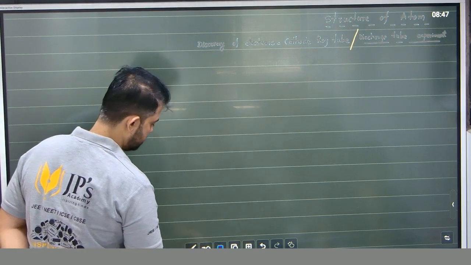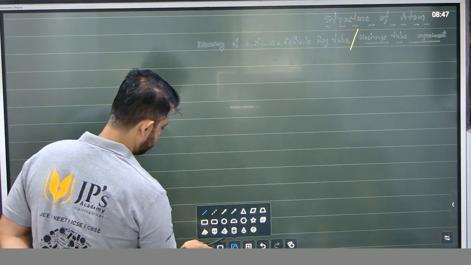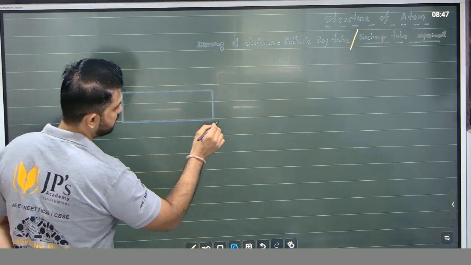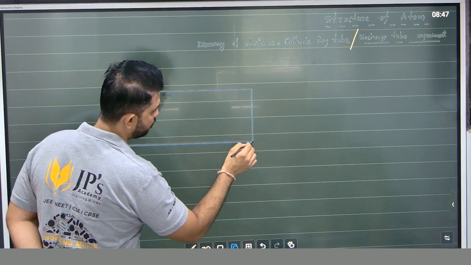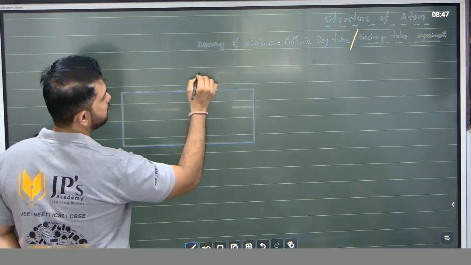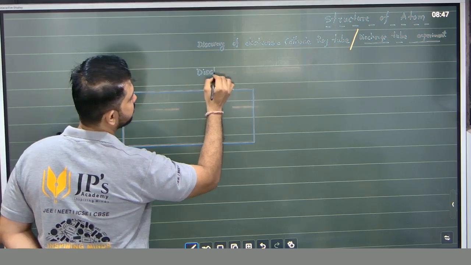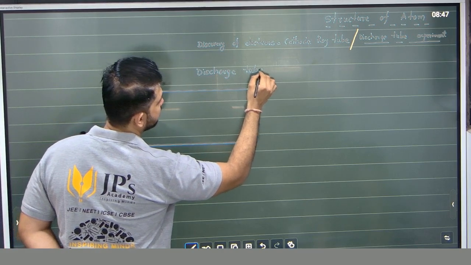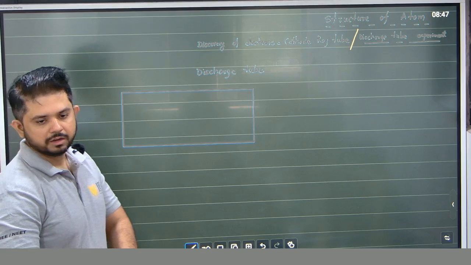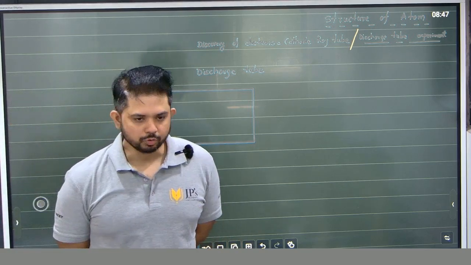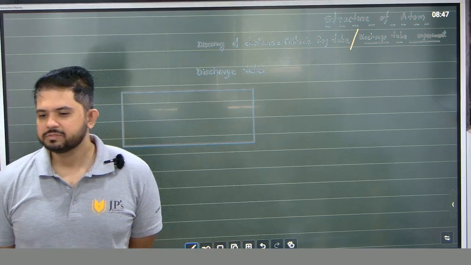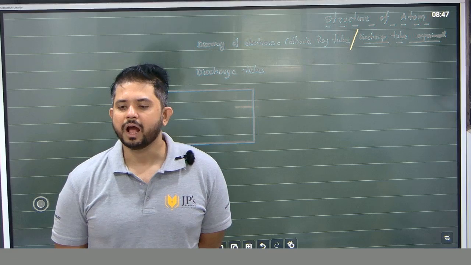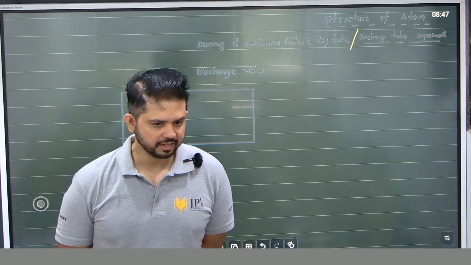Now, we start with a discharge tube. What exactly is a discharge tube? Though this is very old tech, a discharge tube is similar to, have you ever seen that old fat television?